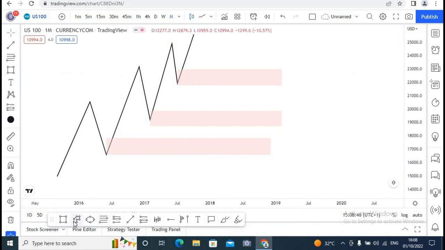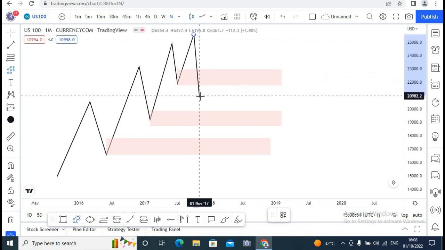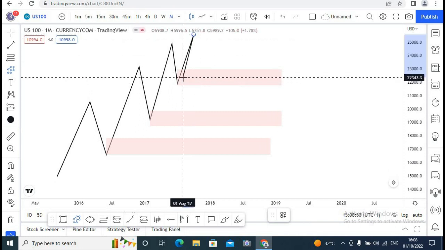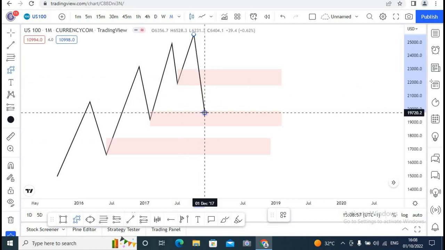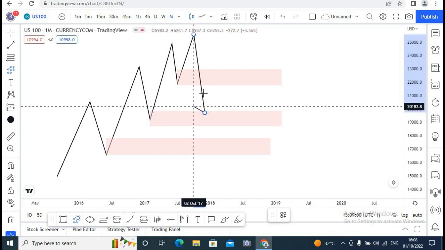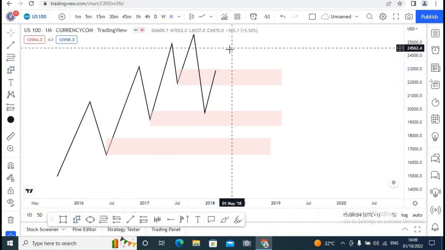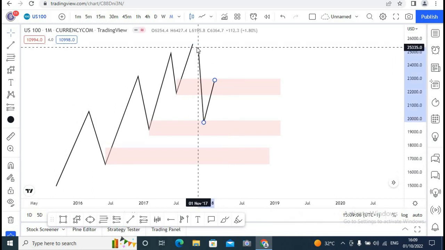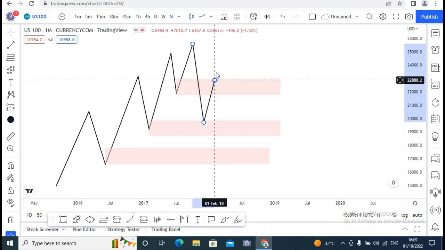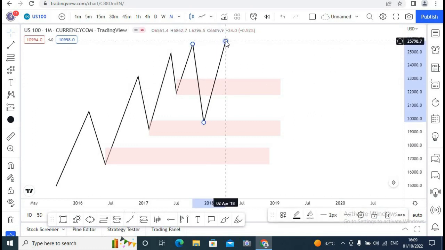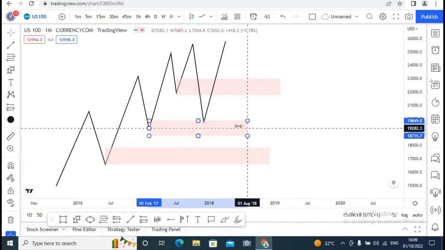But if price fails to do that, they'll go away to the downside. So let's say this is our demand, and then the price will come and break this demand, but also coming to test this demand, and then the price has to come back. So what you have to understand, if price comes back from this demand, it has to go and break this zone, if this demand is a valid demand.